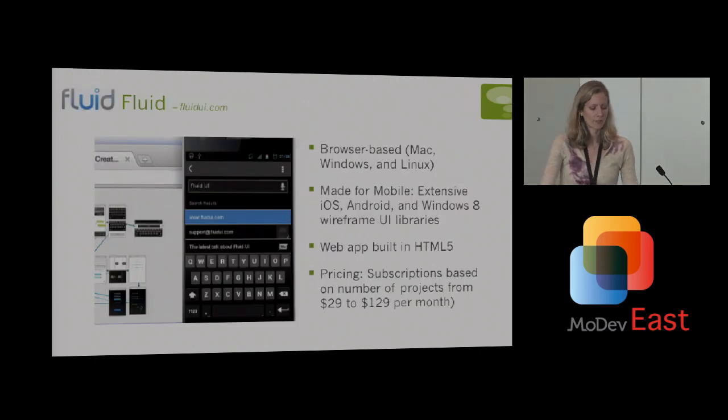Fluid is browser-based for Mac, Windows, and Linux. It's made for mobile. This is awesome if you are really focusing on mobile, because it has extensive iOS, Android, and Windows 8 wireframe UI libraries. The web app is built in HTML5. It's a subscription based on how many projects your group is doing.